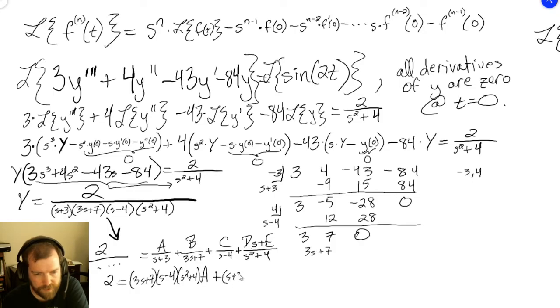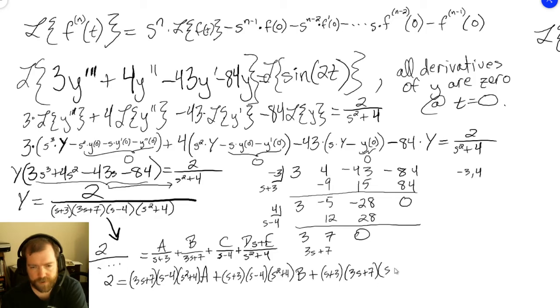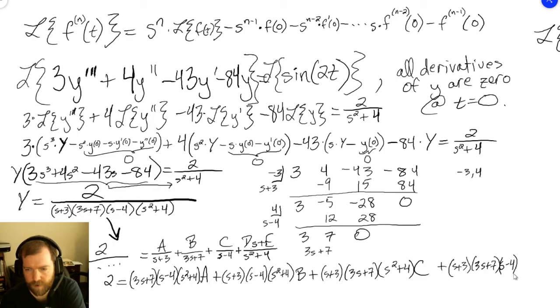So this is going to be s plus 3, s minus 4, s squared plus 4 times b, plus s plus 3, 3s plus 7, not s minus 4 but s squared plus 4 times c, plus s plus 3, 3s plus 7, s minus 4 times, parentheses, ds plus e.